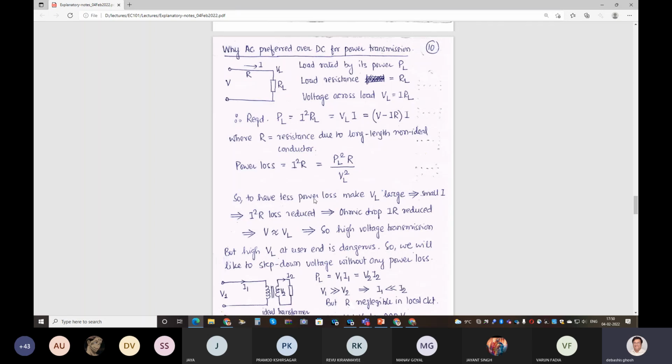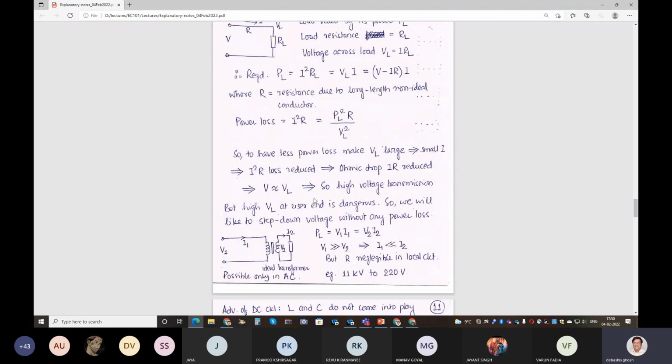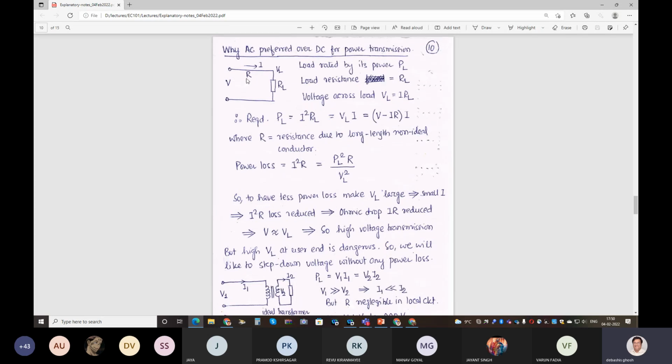So what we would like to have is that we step down the voltage when ultimately it comes to our home. So we want high voltage transmission from the generating station, but at my home I want very small voltage, and that is possible only in AC transmission.